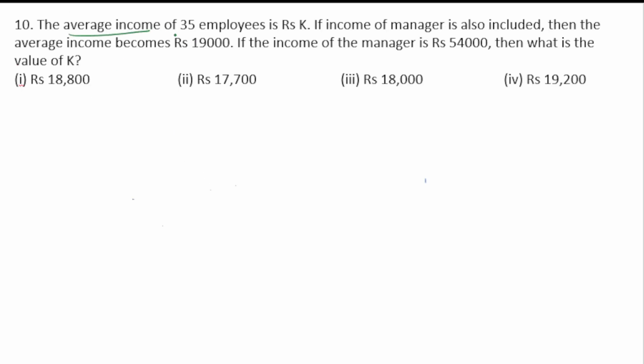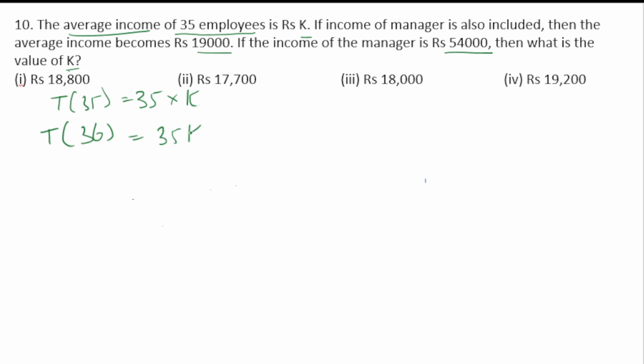The average income of 35 employees is K. If the income of the manager is also included, then the average income becomes 19,000. If the income of the manager is 54,000, then what is the value of K? The average income of 35 employees is K. So what is the total income of 35 employees? It is the number of employees 35 into K. And if the income of the manager is included, then what is the total income of 36 employees? 35 employees plus manager.